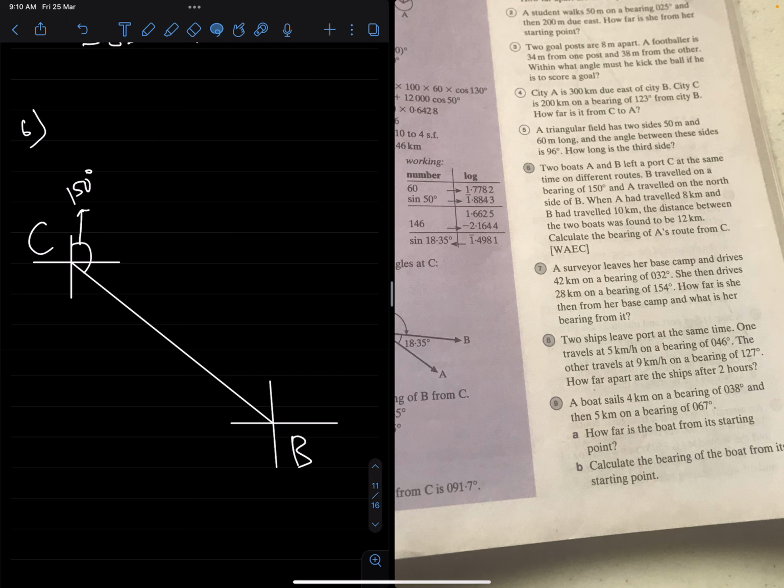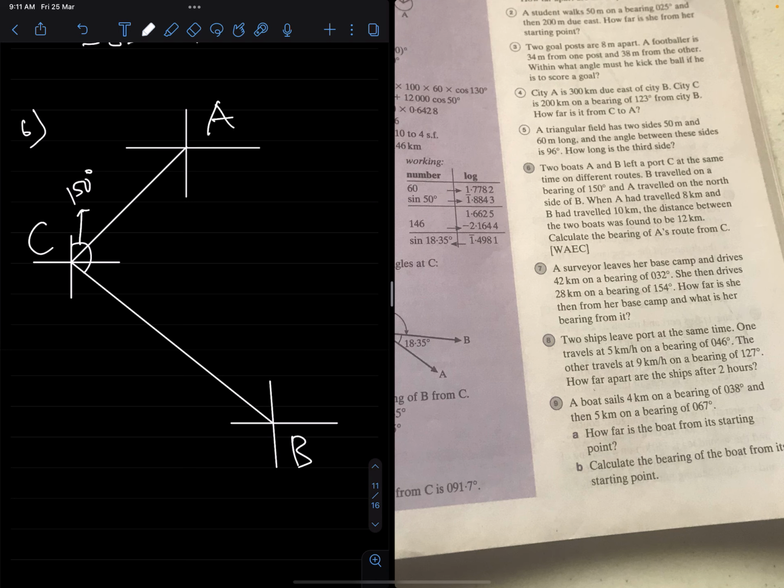Now they said when A had traveled 8 kilometers and B had traveled 10 kilometers, the distance between the two boats was found to be 12 kilometers. So A traveled 8 kilometers.